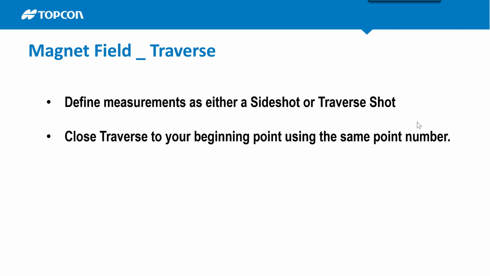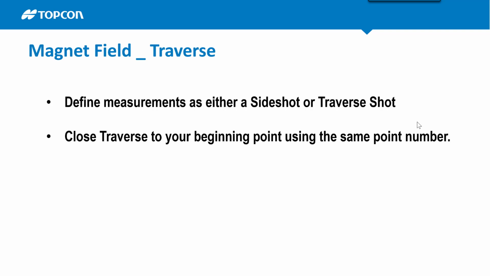The second point is, in old school, when we traversed around a piece of property, maybe we began with point number 1, and when we closed back, our last point number, whatever that is, could be point number 30. We'd store it as point number 30. Then when we ran our adjustment, we would begin on point number 1 and close on point number 30.